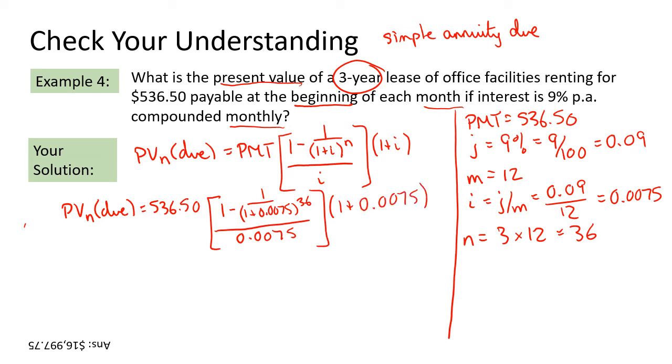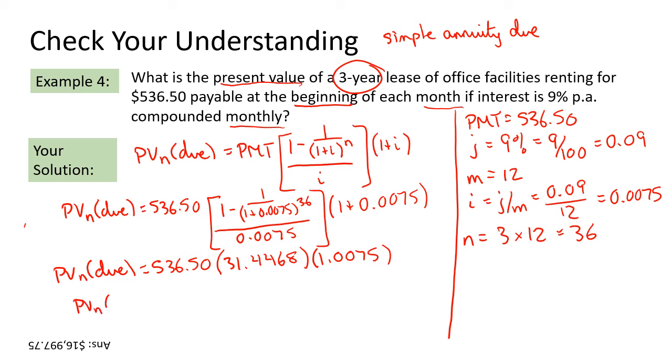So if you calculate these out again in steps, the present value is equal to $536.50 times 31.4468, that's this term in the brackets, times 1.0075. And calculating all of this out, you get a final answer of $16,997.75.